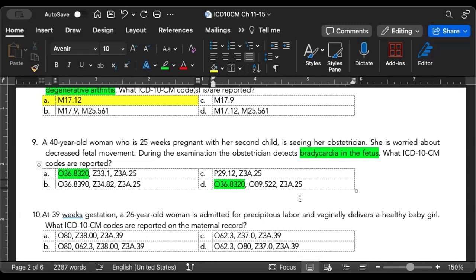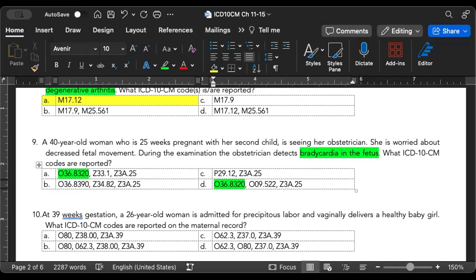Okay. Does everybody understand why we're using the O36.83 and then the seventh character 0 for the single gestation? Puny, do you still have a question, or did that answer your question? Okay.